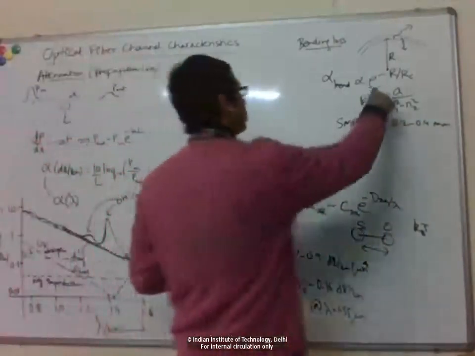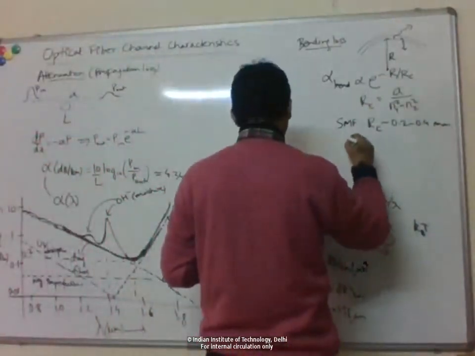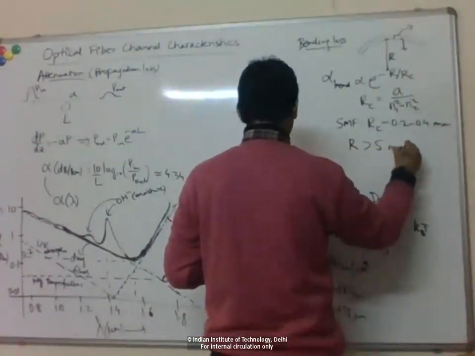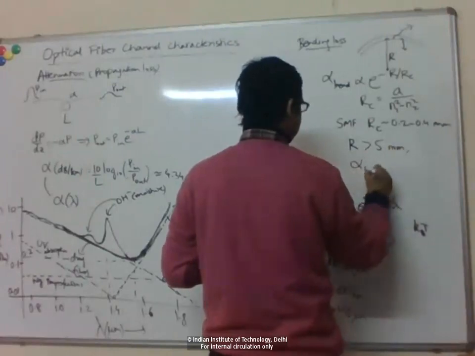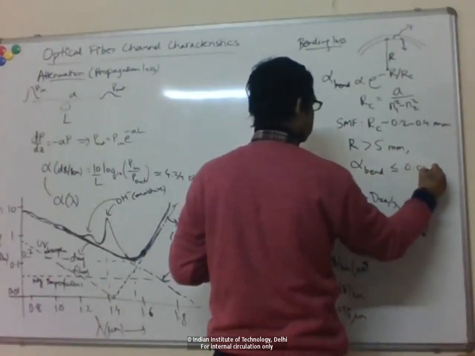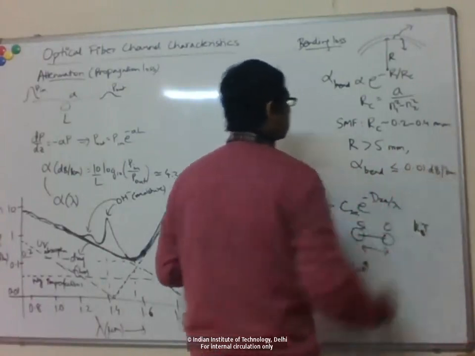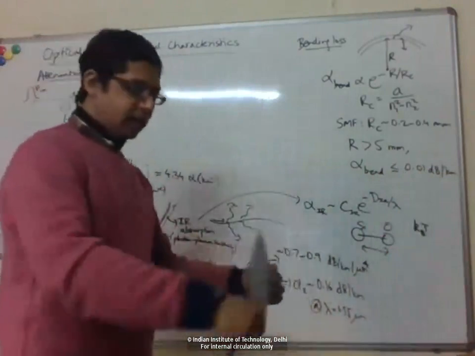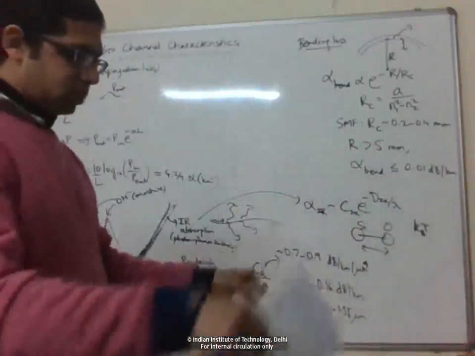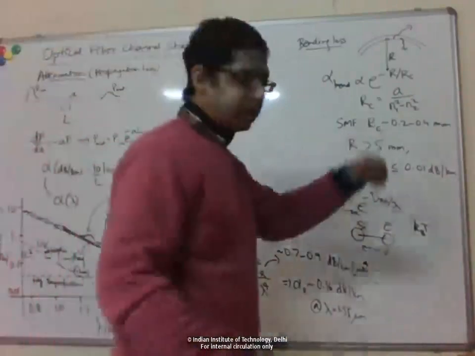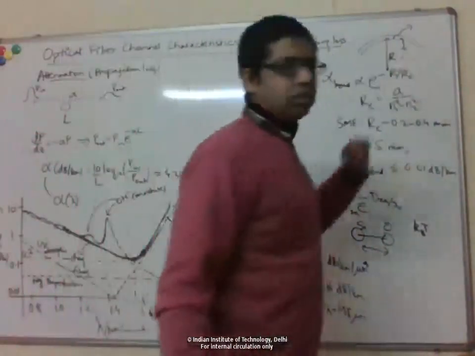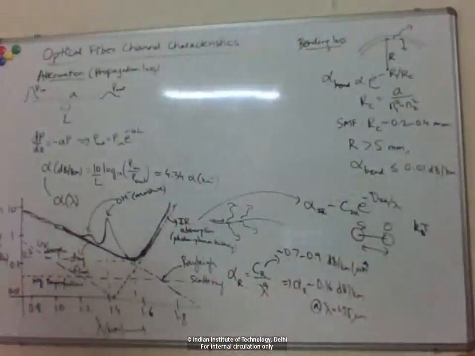If you put the value here, if the bend radius is more than 5 mm, typically the bend loss is negligible. As long as your bend radius is above a few mm, let's say a centimeter or more, or 5 millimeters, the bend loss becomes small enough that it's negligible compared to the propagation loss.